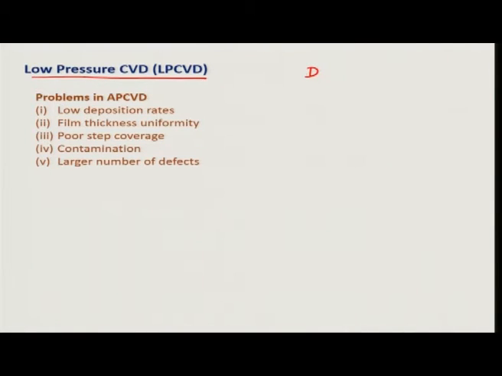Remember that our diffusion coefficient was proportional to 1 over P. Diffusivity in the gas phase was proportional to 1 over P, right. And if the diffusivity is higher, then we are working in reaction rate control. If D is high, or mass transfer is high, then we are in reaction rate control, which is determined primarily by temperature, and we can control temperature very uniformly to a very large accuracy.